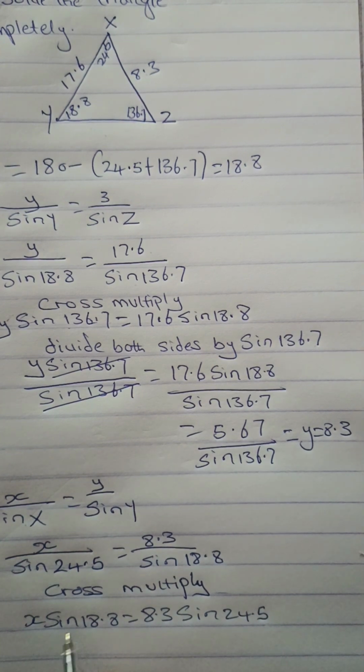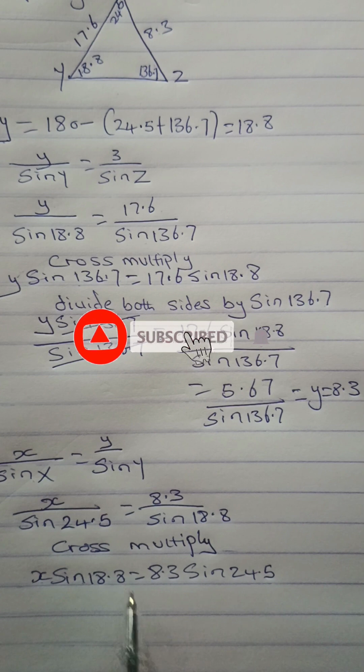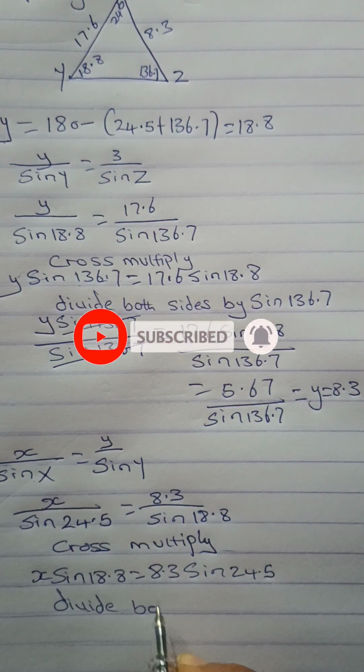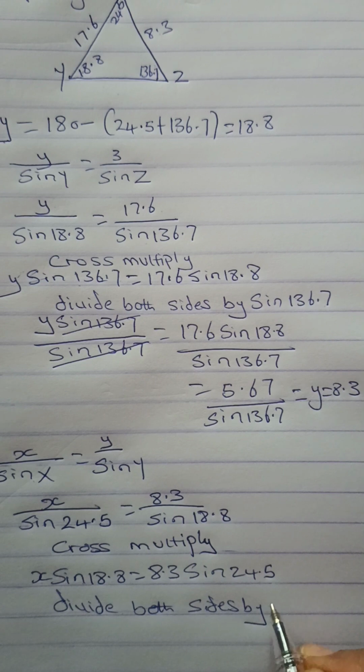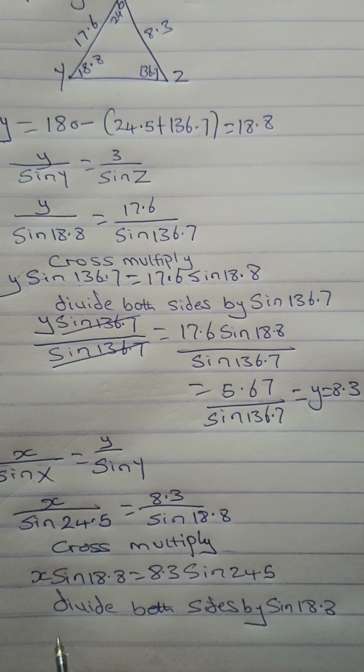So when we've done this, we want x to stand alone, so we have to get rid of this. And the way to do that is to divide both sides by sine 18.8.